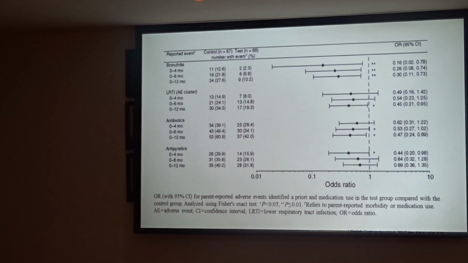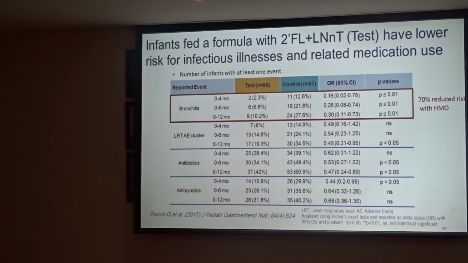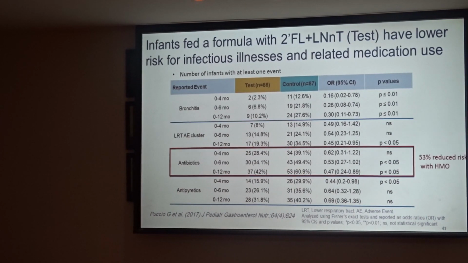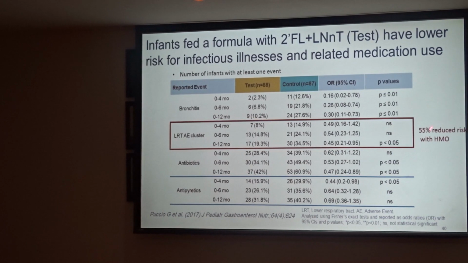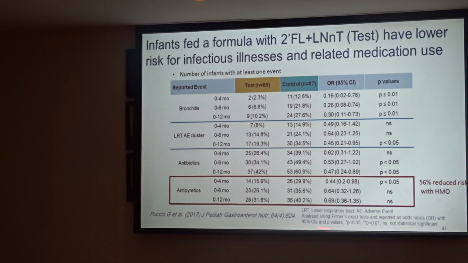And they found that morbidity was low in those taking the formula fortified with human milk oligosaccharide. Bronchitis risk decreased by 70%, lower respiratory tract infection decreased by 55%, and the antibiotic need was decreased by 56%.